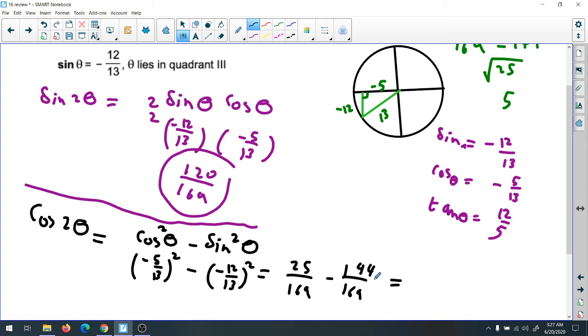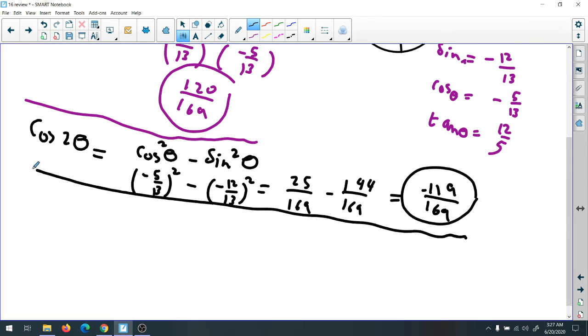Now we subtract 25 minus 144. It's negative 119 over 169. This is the value of cosine 2 theta.